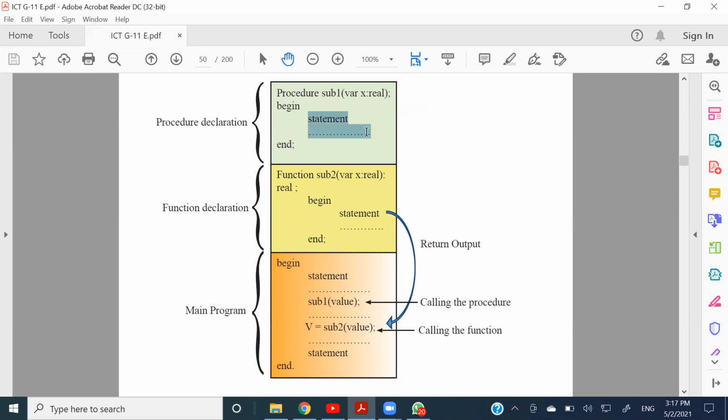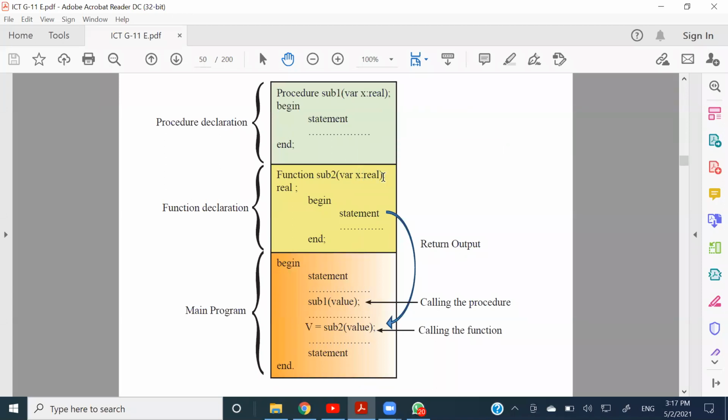The statements will be there. That is the procedure declaration, and the function declaration is here: function sub2, then inside it var x real. Those are the parameters, or in this case the parameter, which is x in real data type.